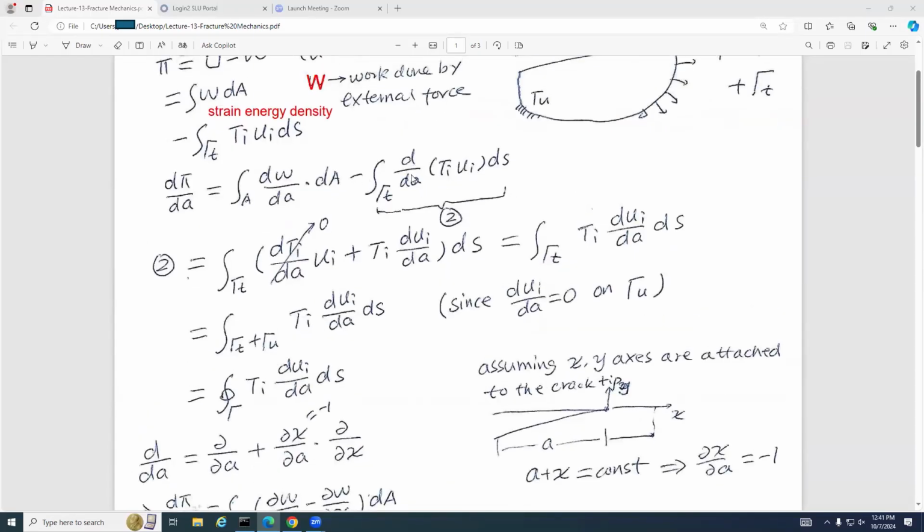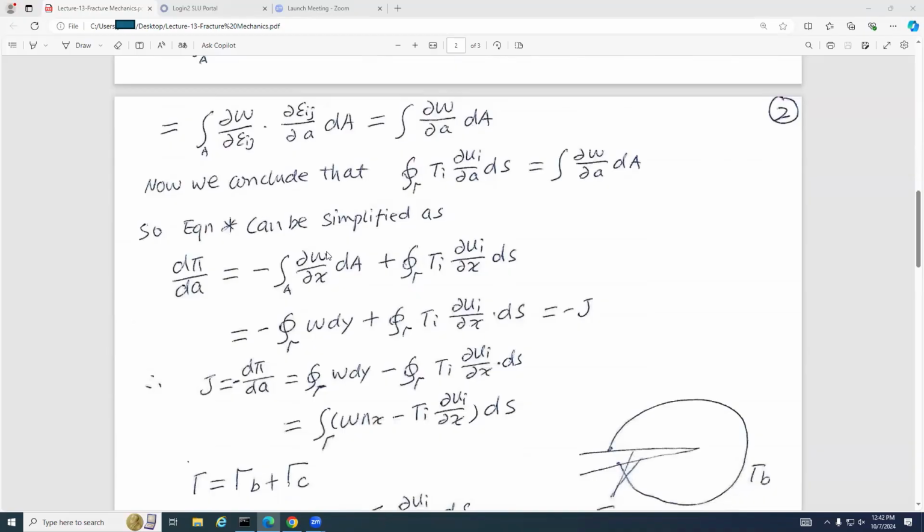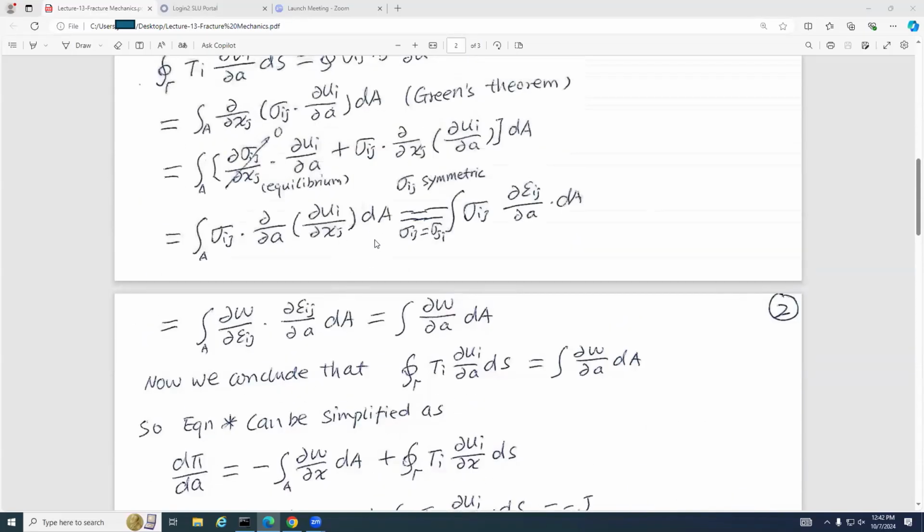What does that mean? d pi equals 0. Questions so far?